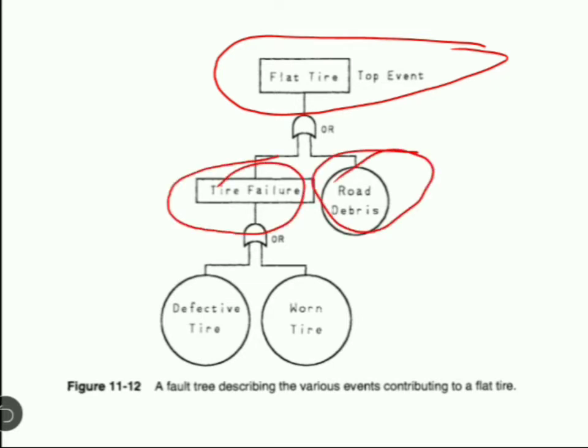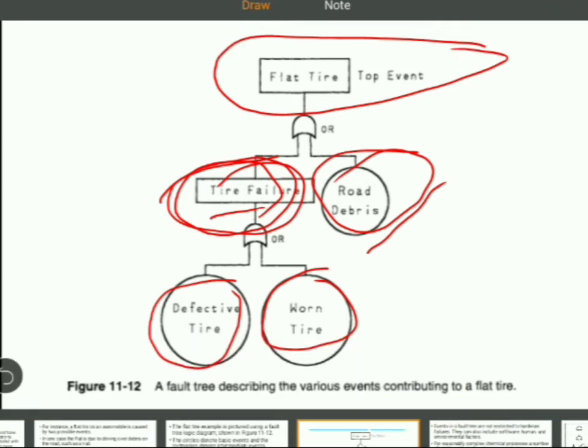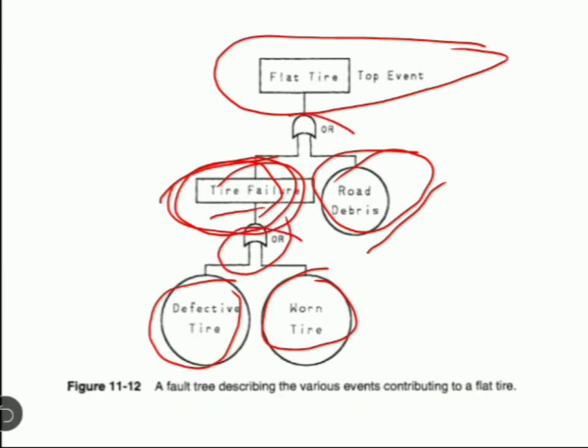There will be various reasons. In this case there are two reasons: tire failure or driving on road debris. Tire failure is again caused by two reasons, so we write the two reasons below that. Again, they can be joined by the logic functions. This is how we can draw the fault trees.